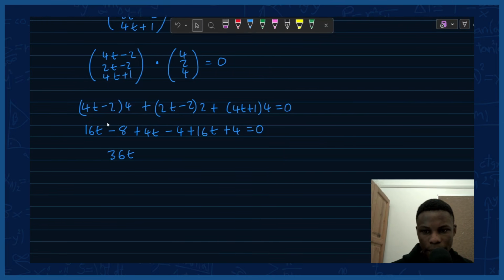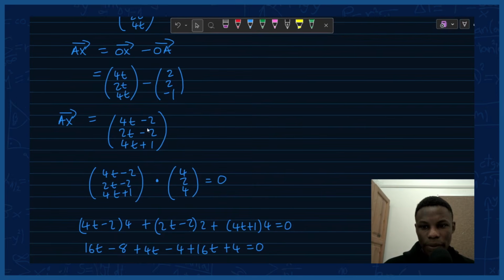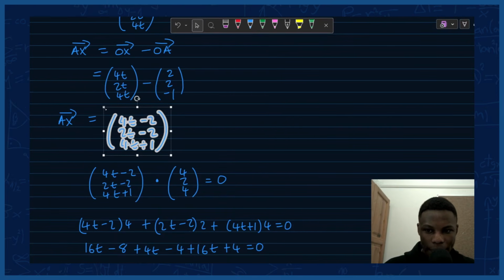And then minus 8 minus 4, that's minus 12, plus 4, that's minus 8. So 36t minus 8 is equal to 0, so 36t is equal to 8, and then t is equal to 8 over 36, which is 2 over 9. Okay. So now that we know the actual value for t, we can find the exact vector AX. And once we know AX, we can then find its length.